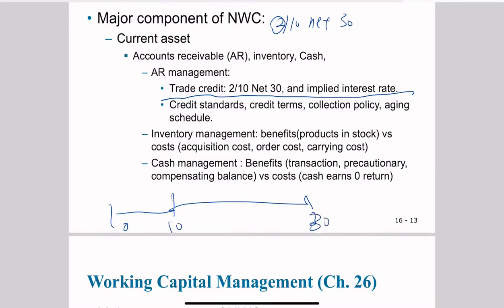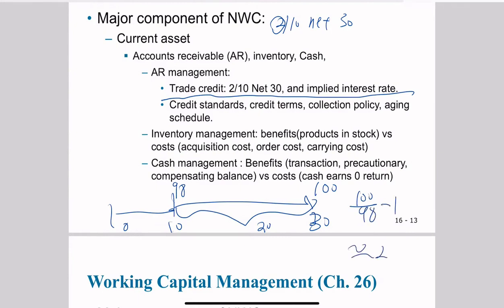it means that if you pay at the end of the 30th day, you pay 100. And if you pay at the end of the 10th day, there's a 2% discount. So you would only pay $98, which means the 20-day interest rate would be 100 divided by 98 minus 1, right?